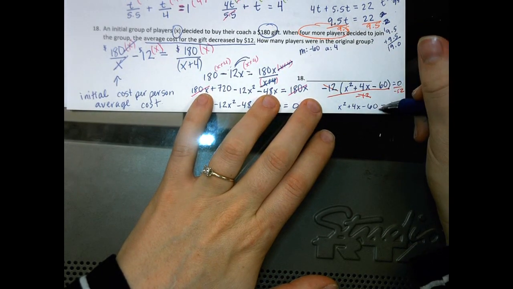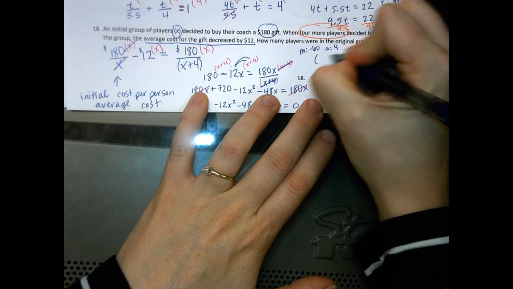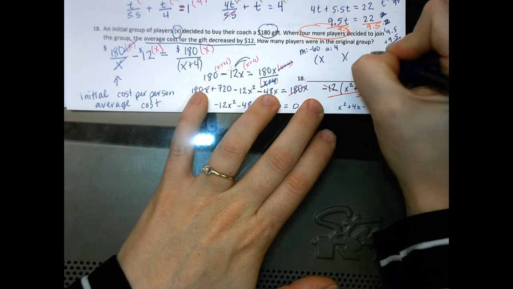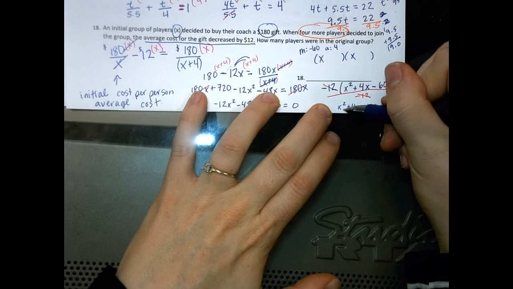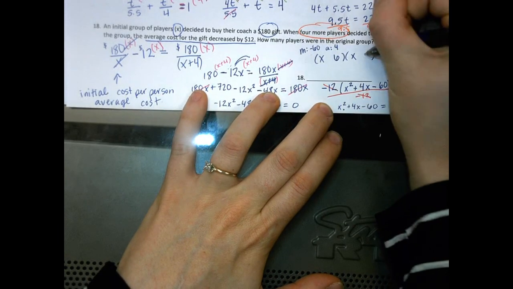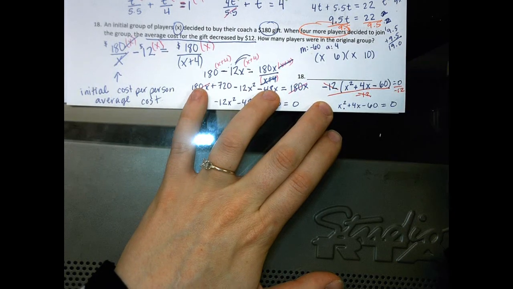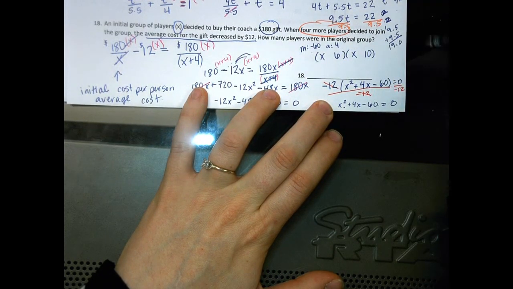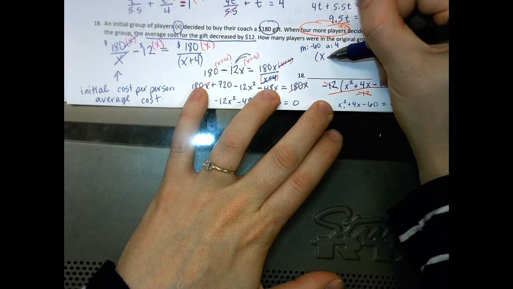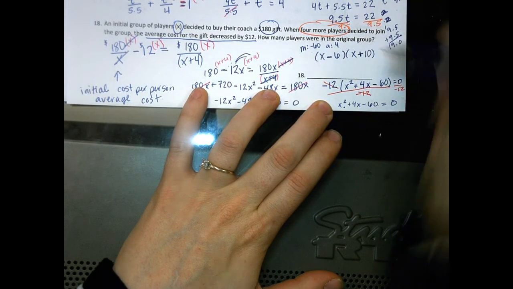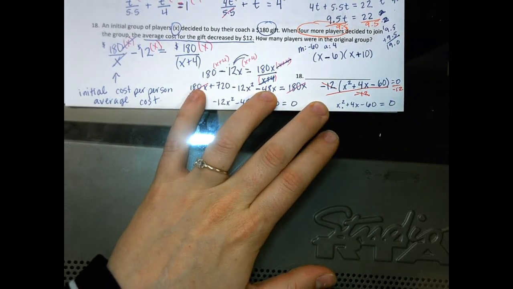Yep. X times x is x squared. 6 times 10 is 60. Which one needs to be negative so that my 4 is positive? Negative 6, positive 10. 10 minus 6 is 4.